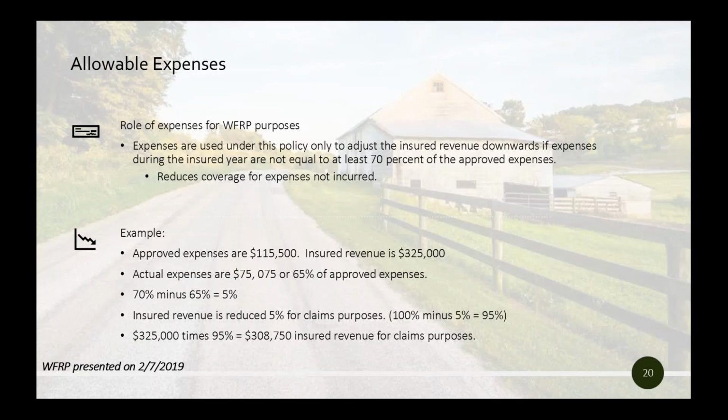So 100% minus 5% equals 95%. $325,000 times 95% equals $308,750 insured revenue for claims purposes. This $308,750 is what we will measure the revenue that you've earned for the year against when we get to a claim.